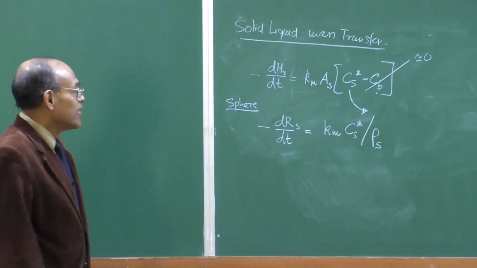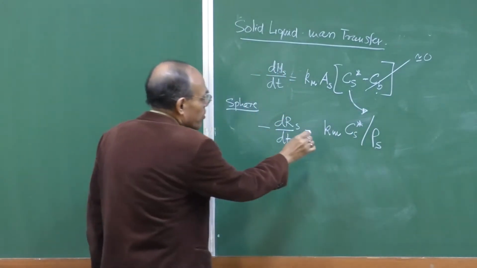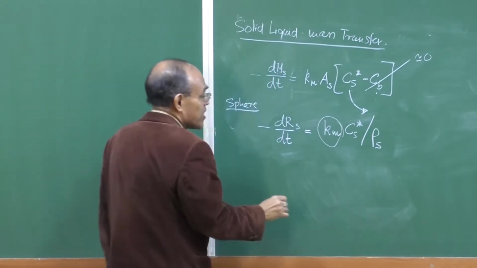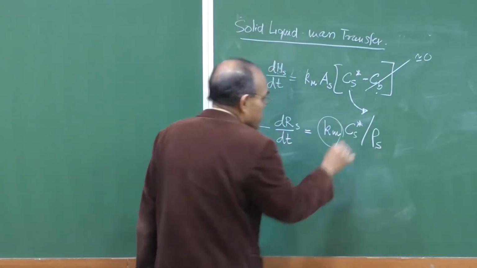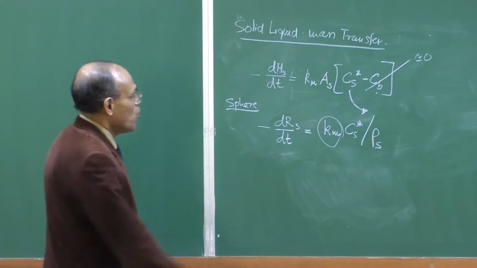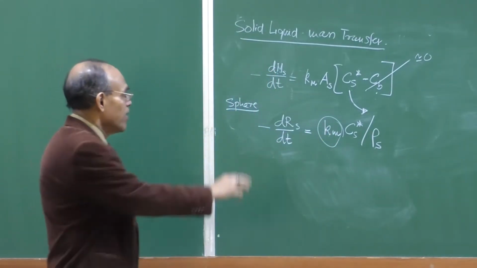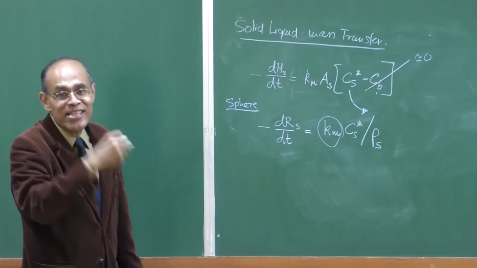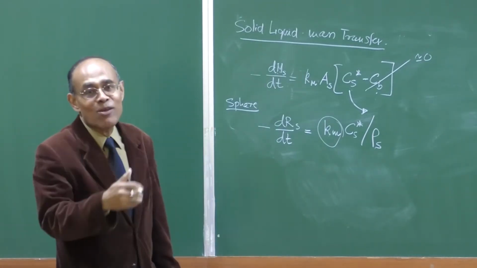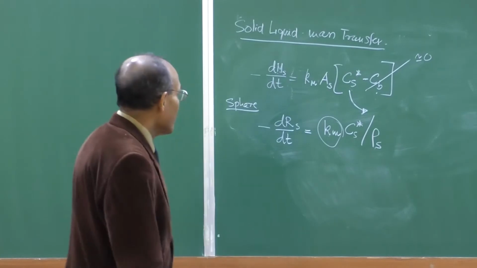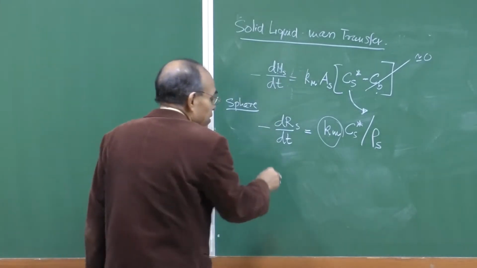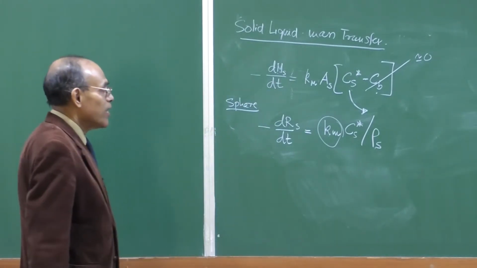So, if mass transfer coefficient is given to us, then, since Cs star is known from thermodynamics and rho s is known, the rate at which the radius is decreasing can be found out, and on the basis of that we can determine the complete dissolution time of a solid.